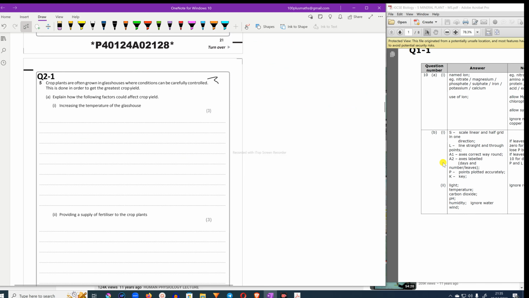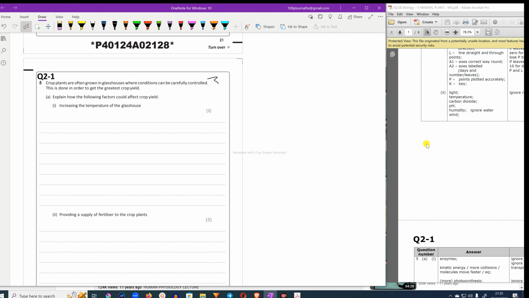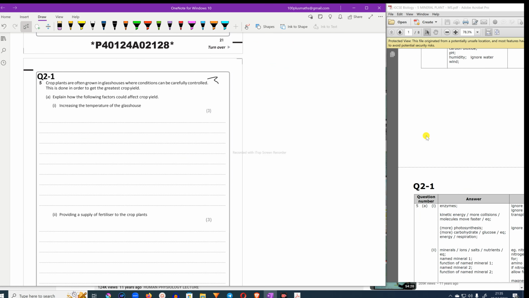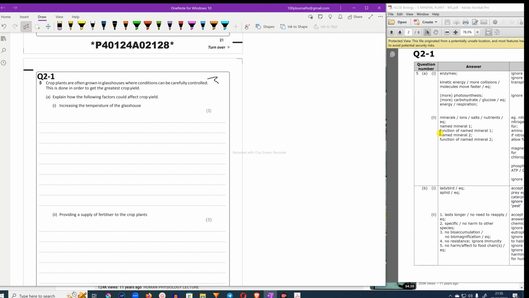Crop plants often grow in greenhouses. Explain how the following factors can affect crop yield. What did we say about crop yield? Yield is something like this: 1, 2, 3, 4, 5, 6, 7, 8, 9, 10. I'm going to grow 10 seeds.